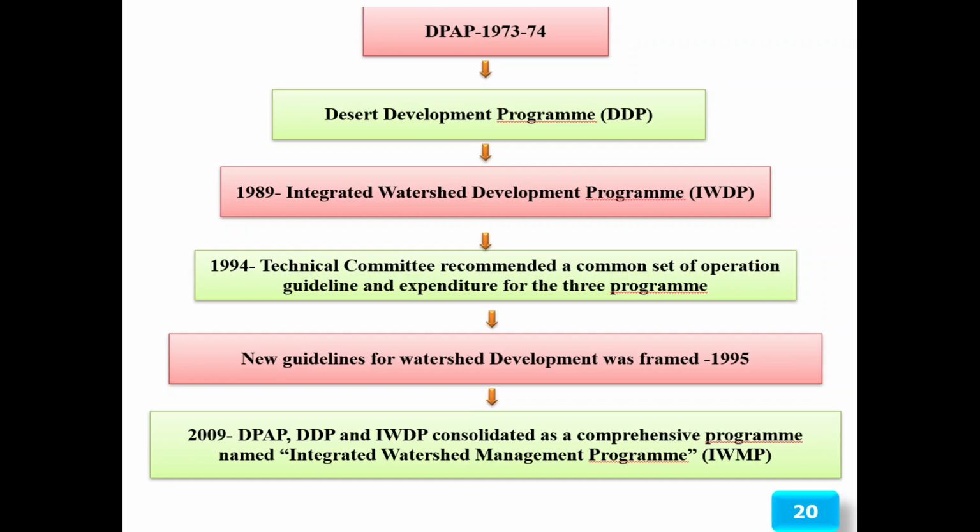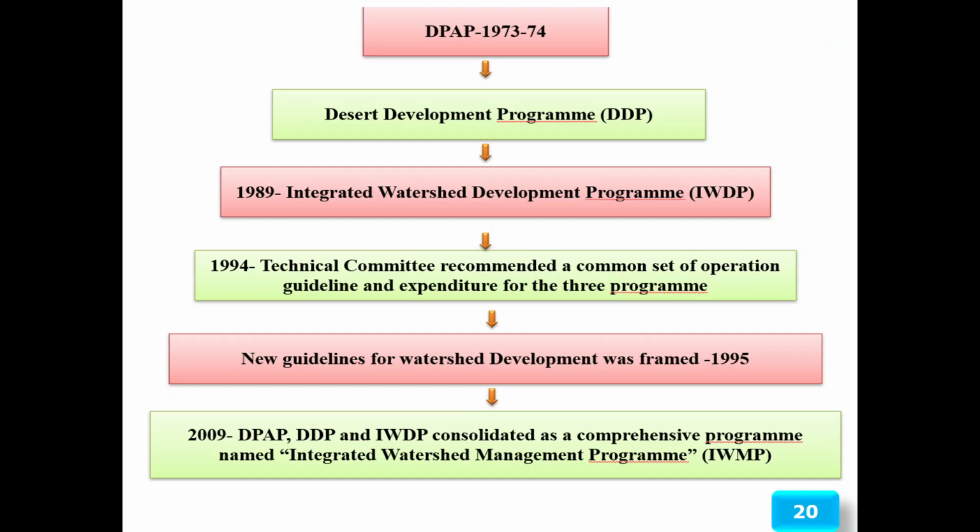The Desert Development Programme was initially started in 1989. The Integrated Wasteland Development Programme was started, whereas in 1994 the technical committee recommended a common set of operational guidelines and expenditure norms for the three programmes. In 1995 the new guidelines for watershed development were incorporated.